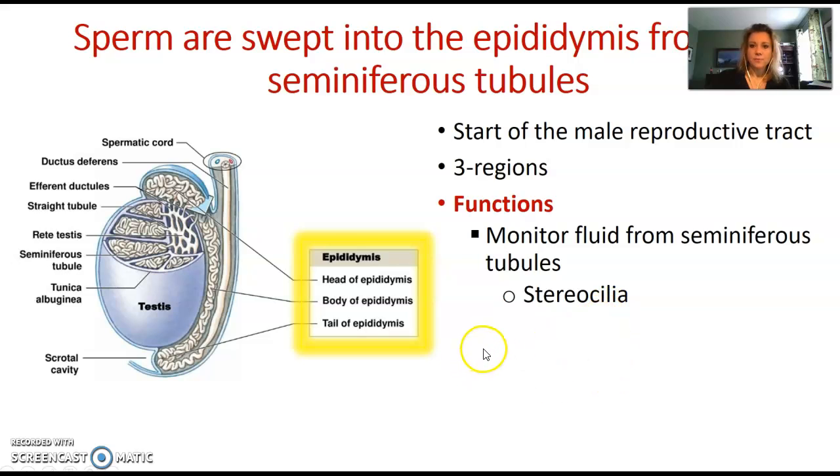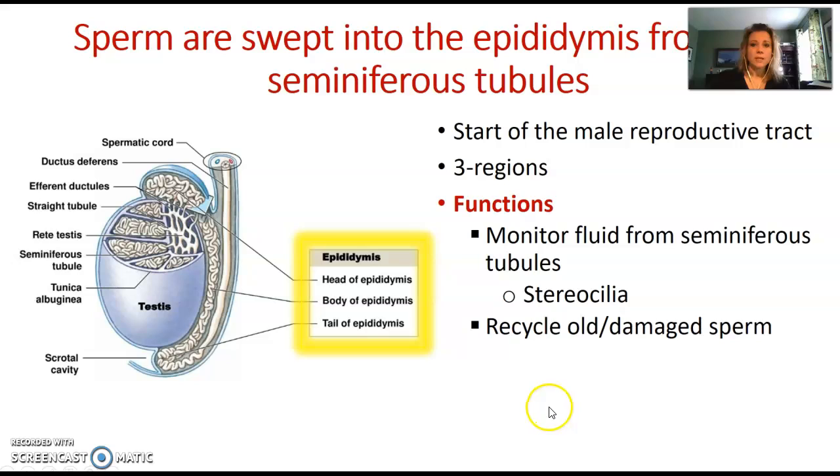The function of this tube system, the epididymis, is to monitor fluid from the seminiferous tubules. The epididymis also has stereocilia, which are going to brush those sperm along the length of these tubes.